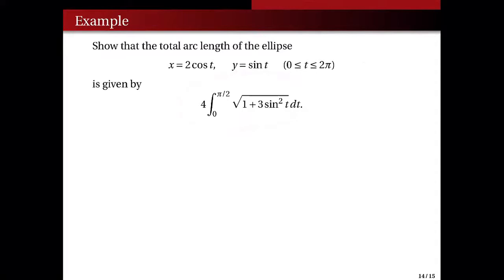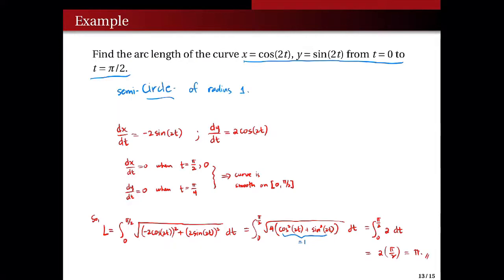So yeah, based on this and according to this total arc length of an ellipse, the interval is from 0 to 2 pi. So this guy here, it's a semicircle. So I have to correct what I said from earlier.